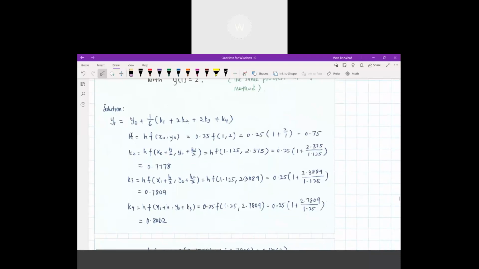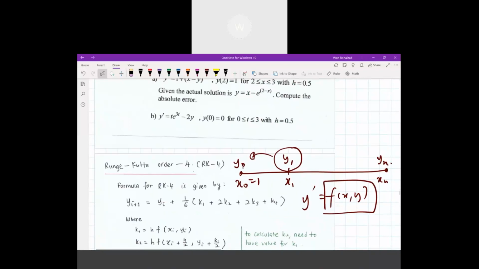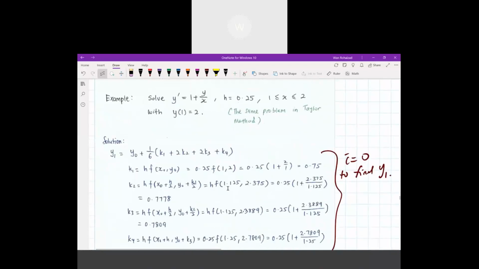So for i equal to 0, to find y1, we need to use x0 and y0. k1 equals h f(x0, y0). Here h equals 0.25, x0 equals 1 and y0 equals 2.